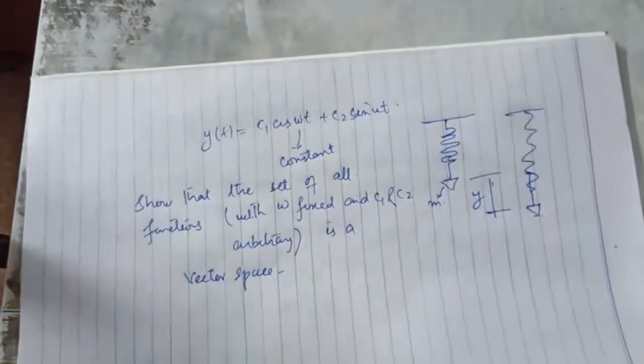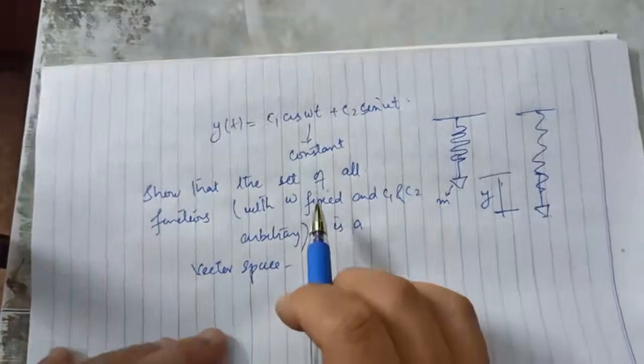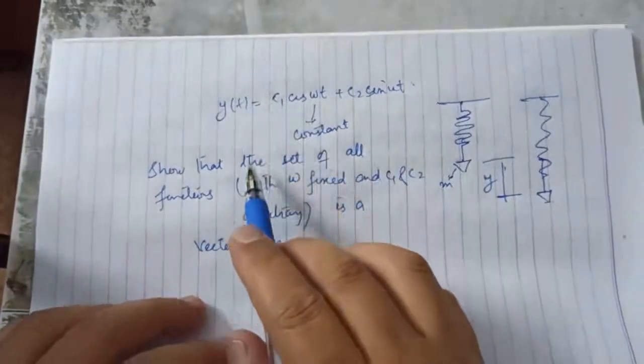So it means you have to show that this is a vector space.